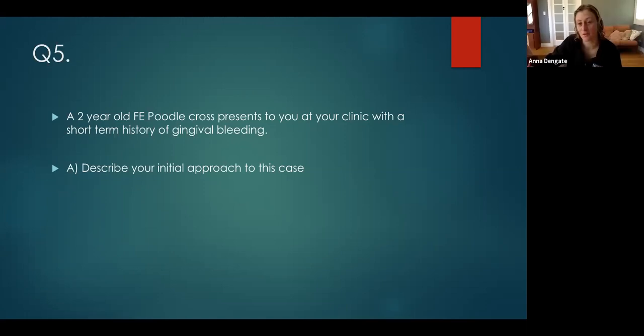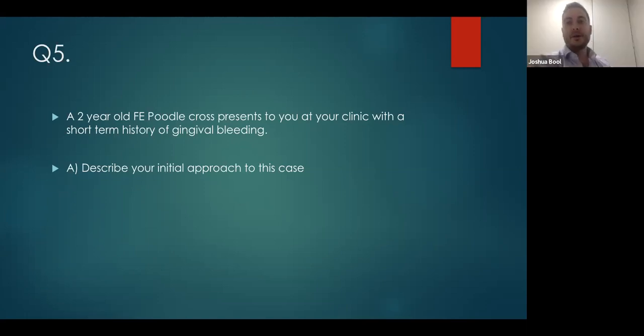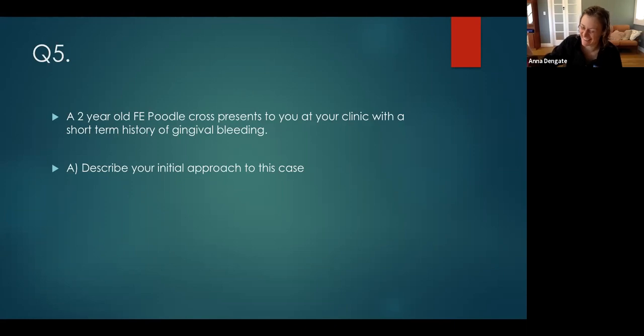But it's a 2-year-old stressed poodle. So also baseline cortisol. Excellent. Maybe a stim, depending on that. I think you can never go wrong saying baseline cortisol for a stim test.